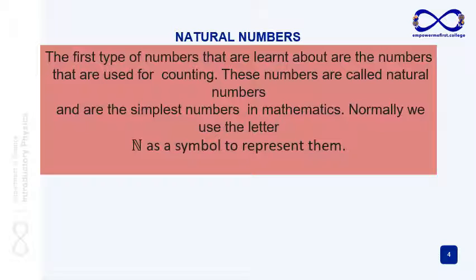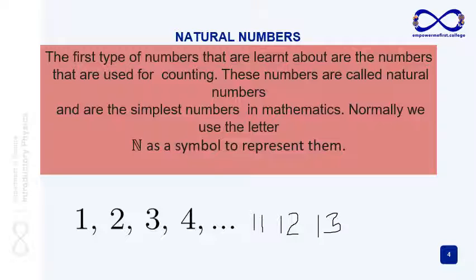Generally, counting numbers start the count from 1, 2, 3, 4. Of course, we can have other numbers there: 11, 12, 13. So all counting numbers are called natural numbers.